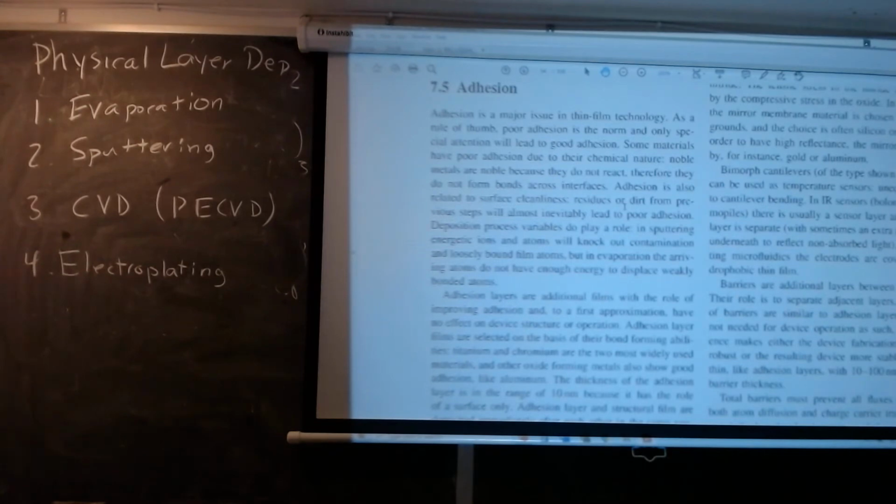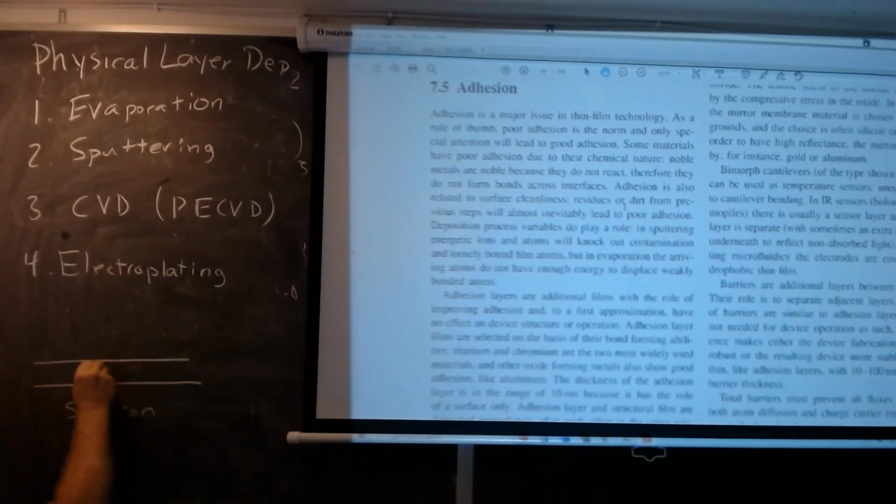If you try to deposit gold on silicon, it will tend to peel off. So people have developed recipes for layered structures. For example, on a silicon wafer, if you want a gold contact, what you do first is deposit titanium or chromium.